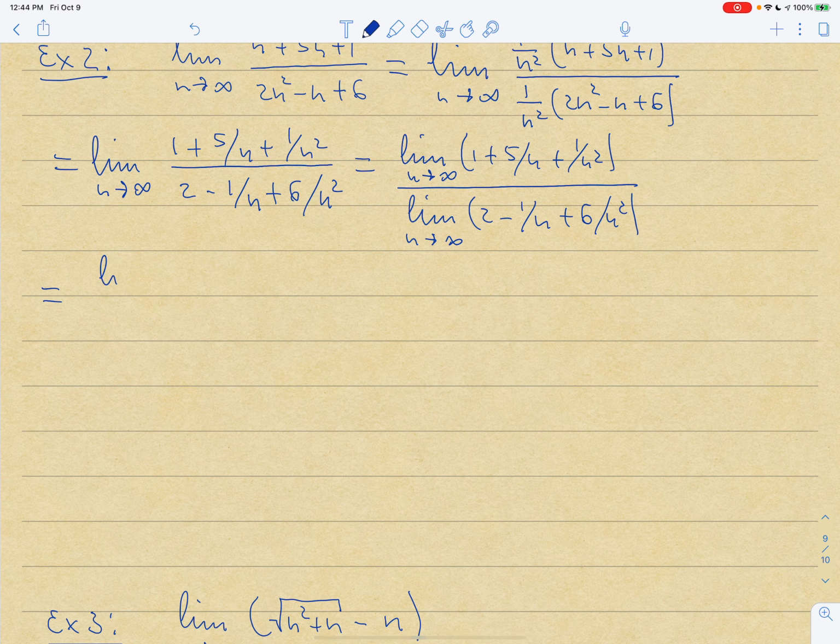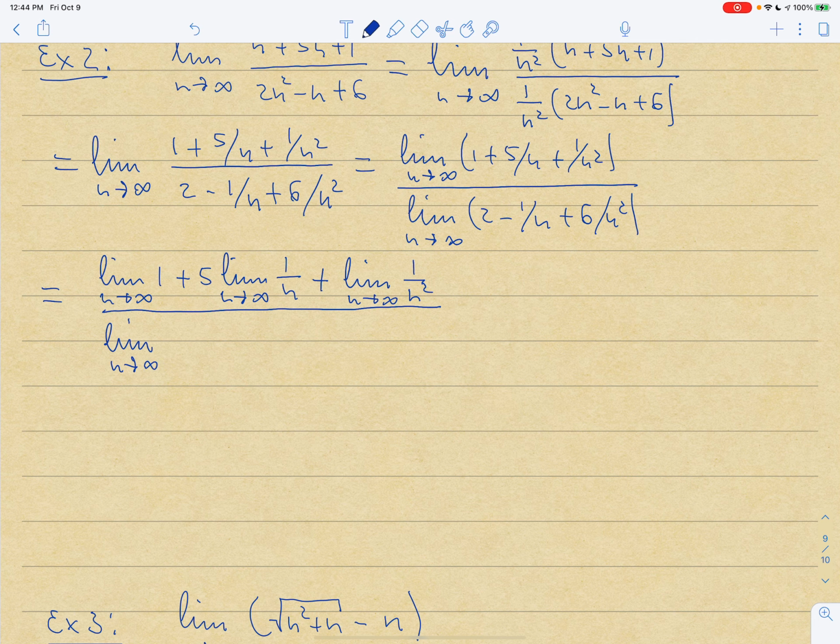So this should be the limit as n approaches infinity of 1, plus 5 times the limit as n goes to infinity of 1 over n, plus the limit as n goes to infinity of 1 over n squared, and I'm dividing by something similar: the limit as n goes to infinity of 2, minus the limit as n goes to infinity of 1 over n, plus 6 times the limit as n goes to infinity of 1 over n squared.